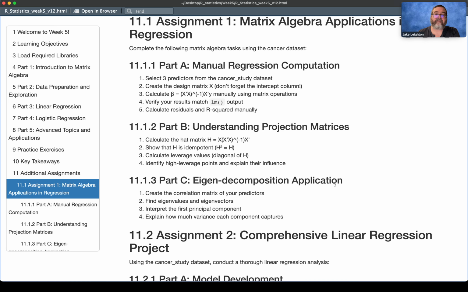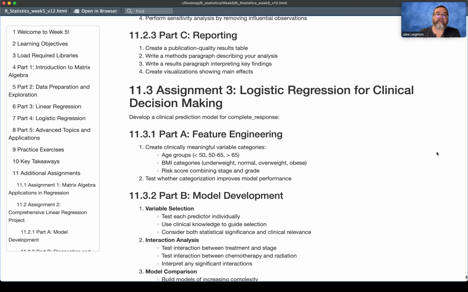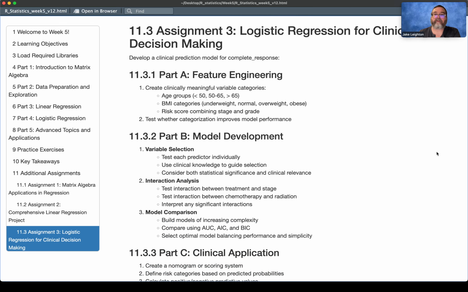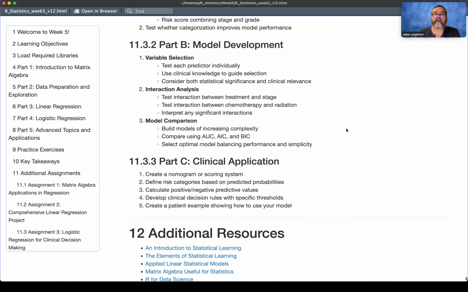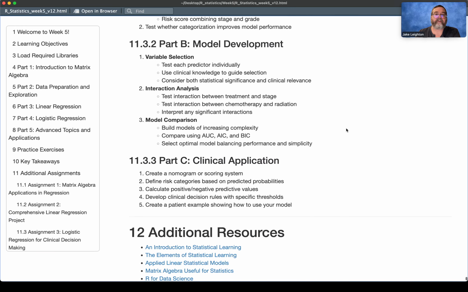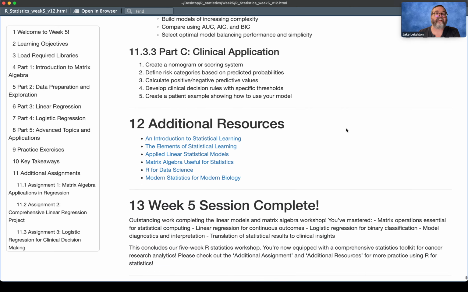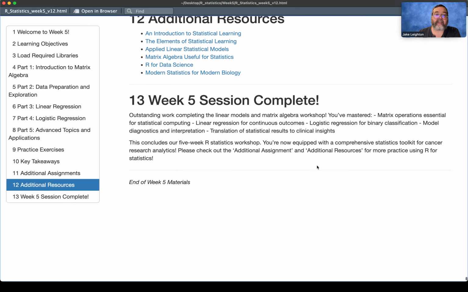So please, if you have time, take a chance to go through those, get a taste of some different things that we haven't had a chance to cover. It very comprehensively goes over a couple of models for linear and logistic regression. And finally, here are some different additional resources you can check out that might help you understand some of these things.